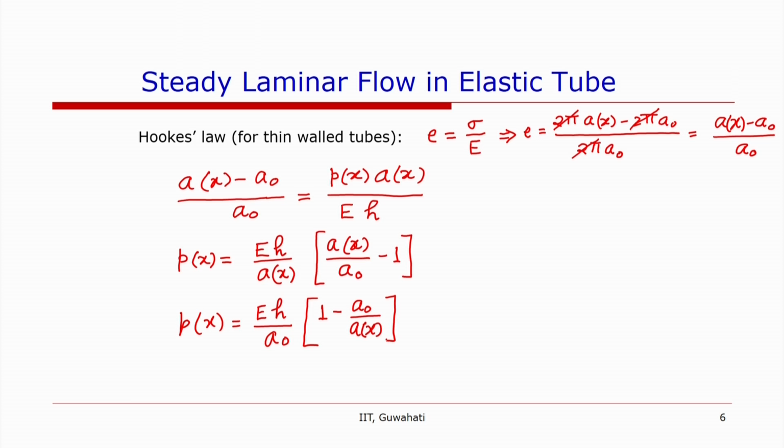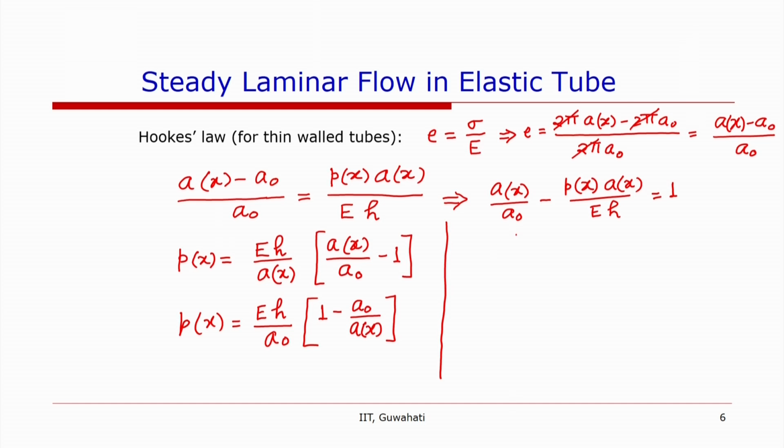Or we can also change this into a relationship for Ax in terms of Px. We take both the terms containing Ax to one side, which gives Ax by A naught minus Px Ax over EH equal to 1.